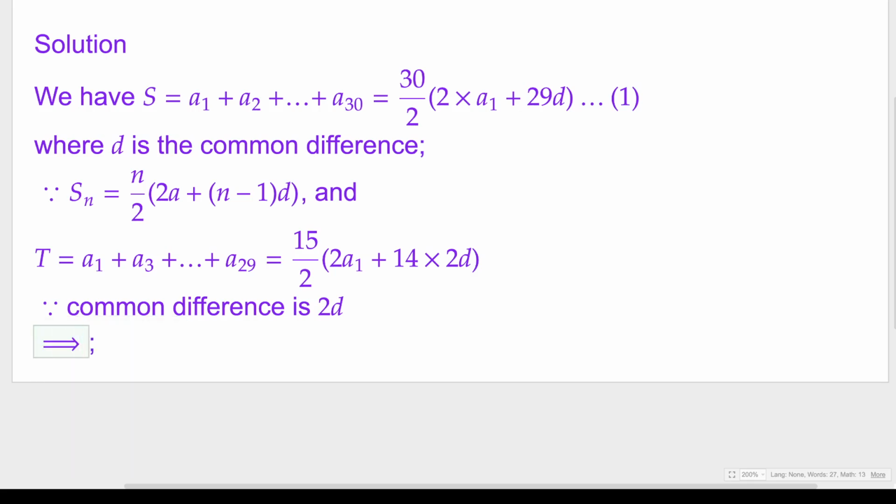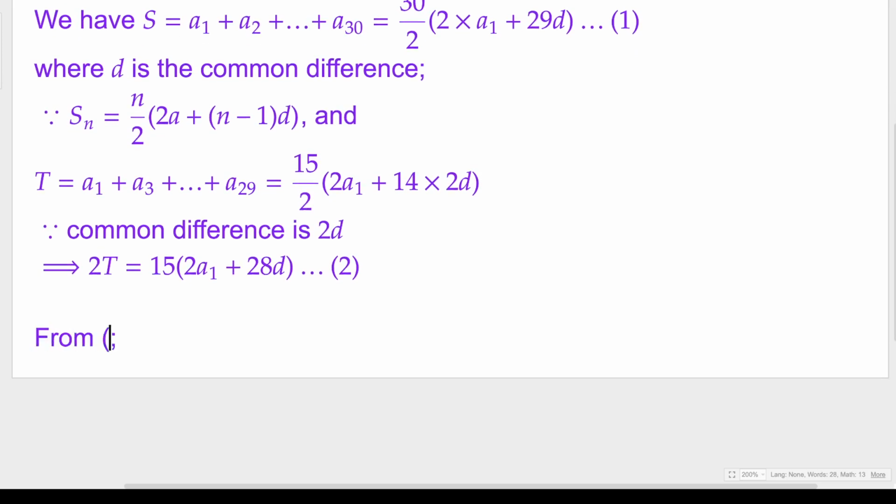This further implies that multiplying both sides by 2, we get 2 times t equal to 15 times 2 times a subscript 1 plus 14 times 2, that is 28d. I'll mark this as equation 2.